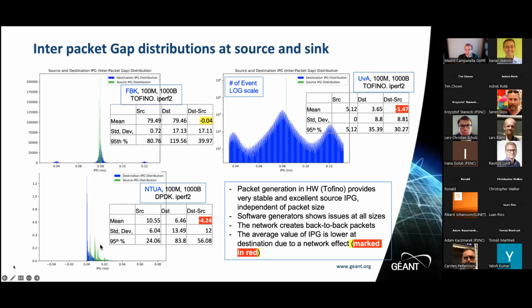The packet generation is good, even if it is software itself. The end is still good enough, but it has a peak of back-to-back packets. So there is something happening here in the network. In any case, due to this strange behavior at the beginning and at the end, there might be some packets that force the source minus destination average of interpacket gap to be smaller, by 4 microseconds.